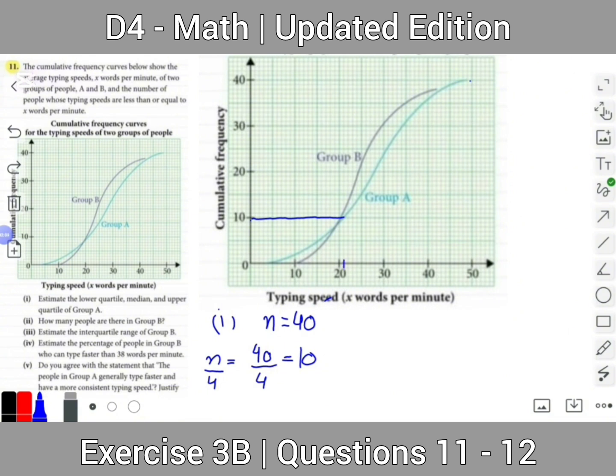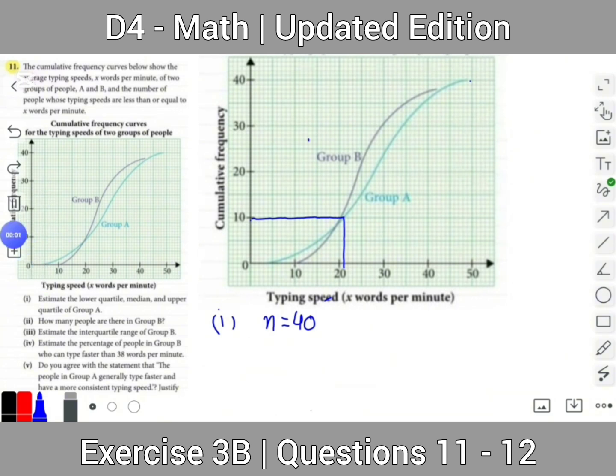Here we have the horizontal line and the vertical line. Since each square unit along the x-axis is equal to 1, the value of the lower quartile Q1 is equal to 21.